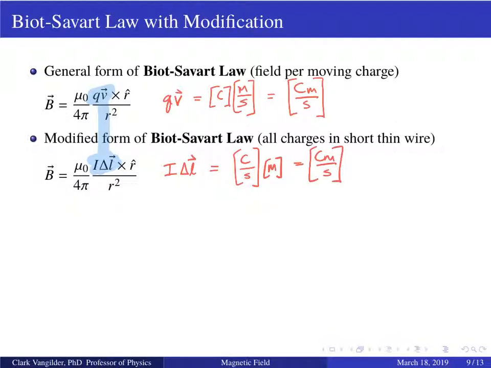We almost didn't need to do the other derivation, because the idea is the current is a number of charges per second, okay? But the speed is meters per second. So it's these bracketed things, it's kind of just unit analysis notation there. Those would be the units of those things.